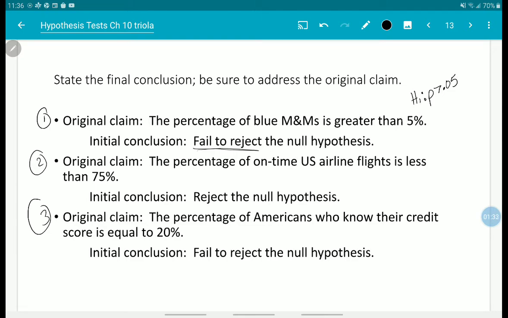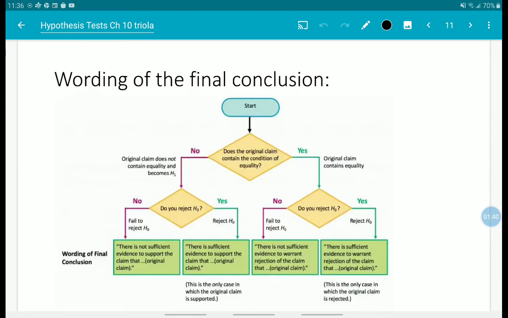So if we look at this guy, let's go back to that flow chart. Does the original claim contain an equality? The answer is no, because it says greater than. And we ended up failing to reject. So we would say there is not sufficient evidence to support the claim that, and then we insert that claim.